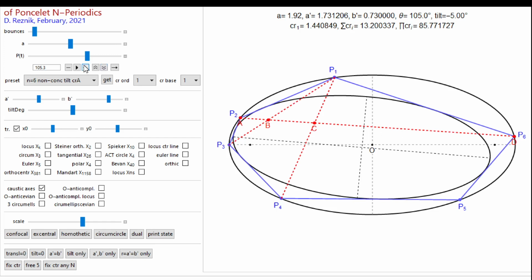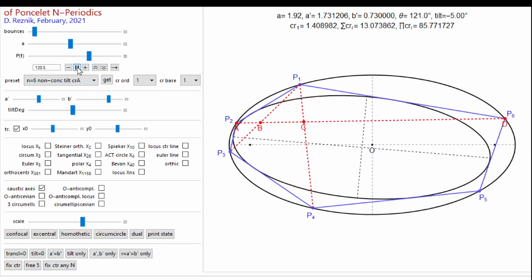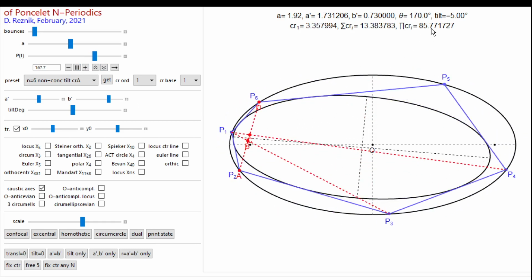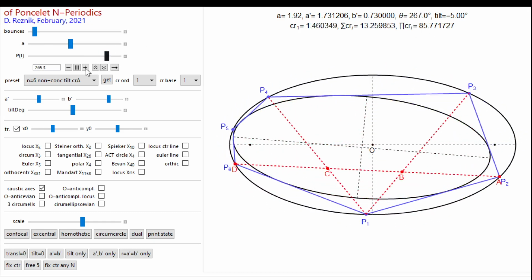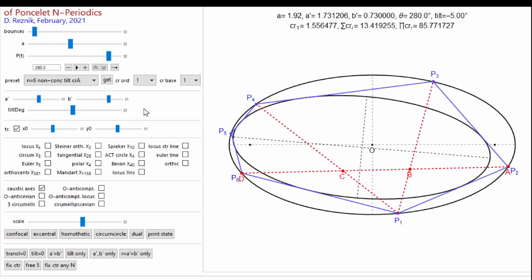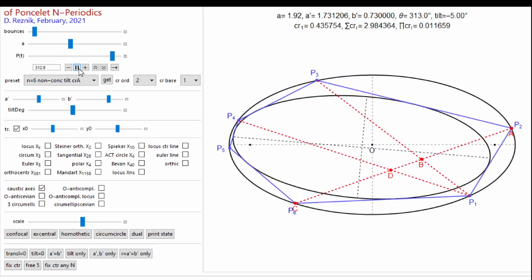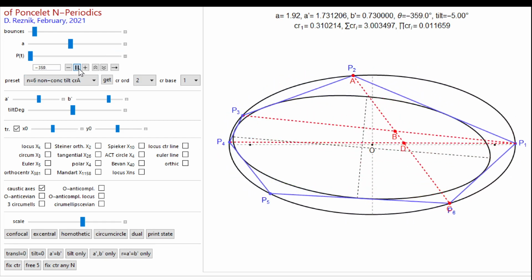Okay, now let's watch what happens under the cross ratio ordering A, B, C, D, default one. Okay, you can see here that the only conserved quantity is the product of cross ratios. Let's change that ordering to A, B, D, C. Let's see what happens. Still only the product is being conserved.